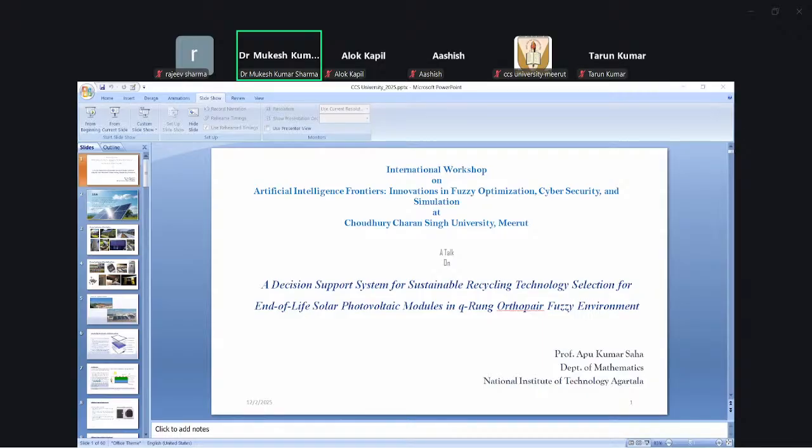So a Q-rung orthopair fuzzy set over the underlying set is defined as F equal to x, mu F(x), sigma F(x), where x is the element, mu F(x) is the membership, and sigma F(x) is the non-membership. Here mu F is a function from X to [0,1], and sigma F is another function from X to [0,1], and 0 is less than or equal to membership power Q plus non-membership power Q, which is less than or equal to 1.